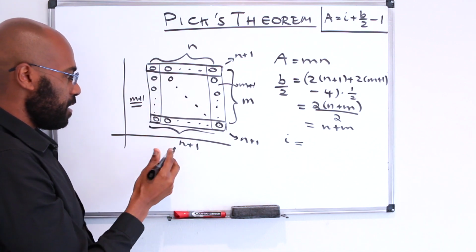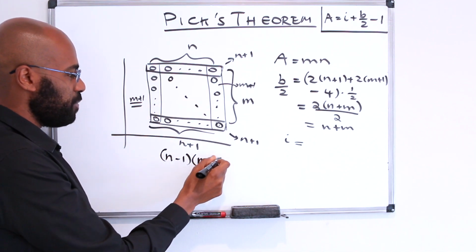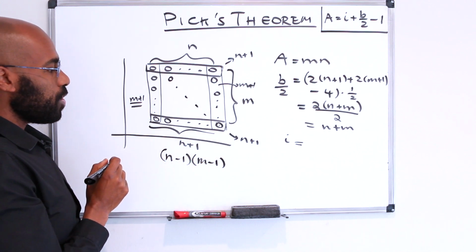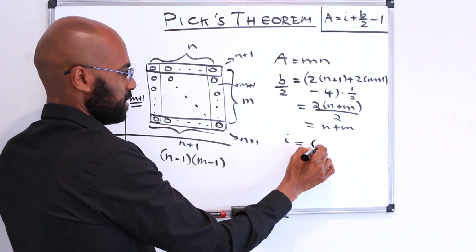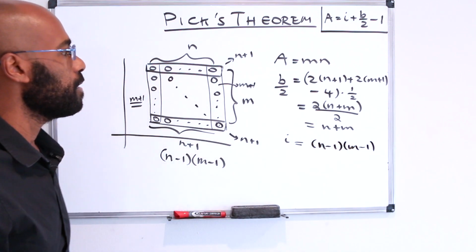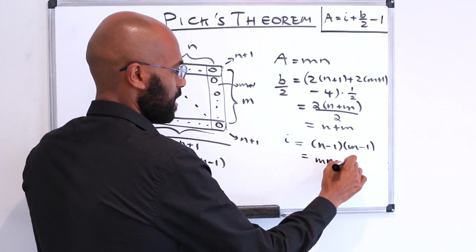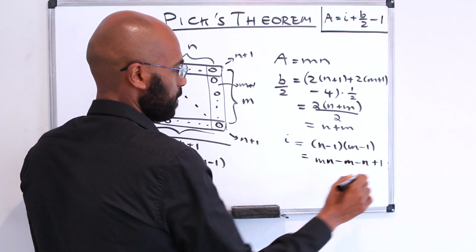And we get an array of n minus 1 by m minus 1 many points. So the number of interior points is n minus 1 times m minus 1. Okay, and if we expand this, this works out to mn minus m minus n plus 1.